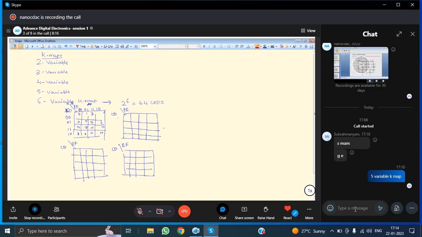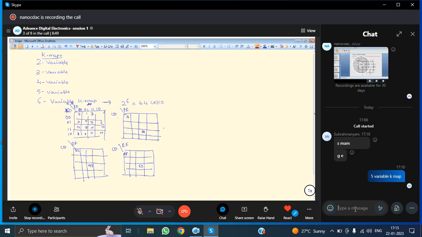Similarly, the next one will start from 16 and end at 31. Remaining terms you can write. The next starts from 32 and ends at 47, and the last starts at 48 and 63 ends up here. So this is the 6 variable K map.